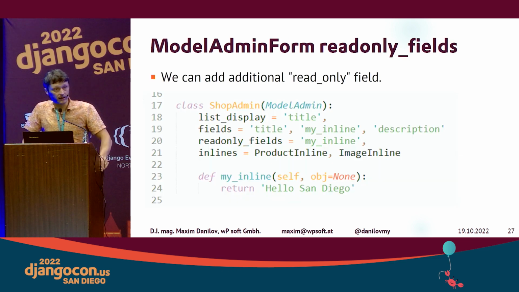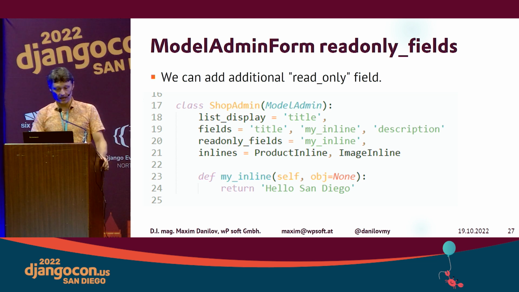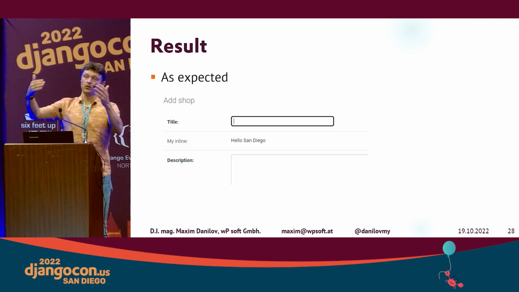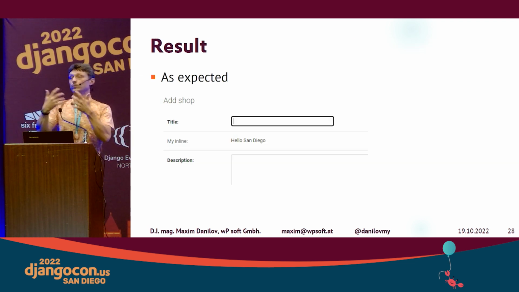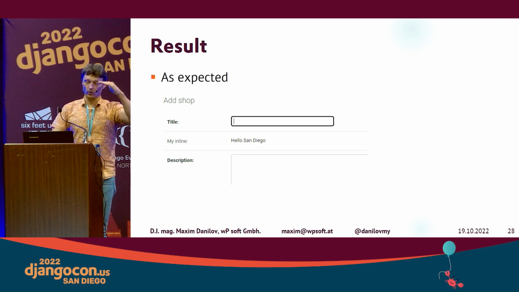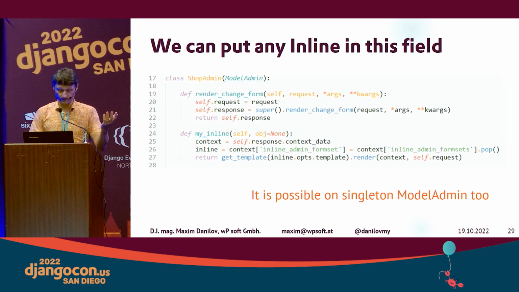Model admin has the possibility of a read-only field. In a read-only field, I can put whatever I want. For example, hello San Diego. It works somewhere on the model admin form, I can put my information. And this is important: this field is rendered before the inlines, which come later.